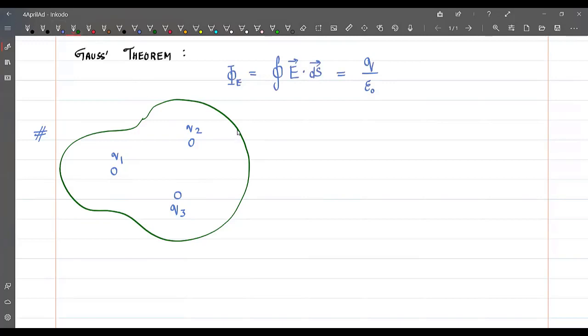In that case, if you want to write the total flux through this surface, this will be called a Gaussian surface. So total flux through this surface will be equal to Q1 plus Q2 plus Q3 divided by epsilon naught.